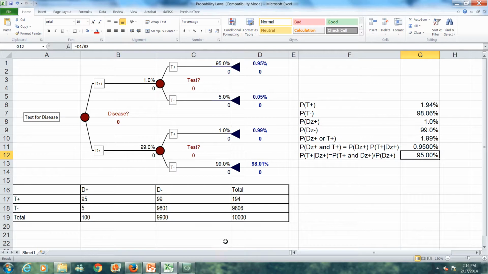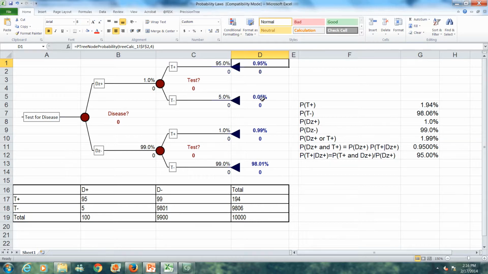So this value here, 0.95, that is the number of people who both had the disease, 1% of all the people had the disease, and 95% of them tested positive. So you can see that just under 1% of the people both have the disease and tested positive for it.